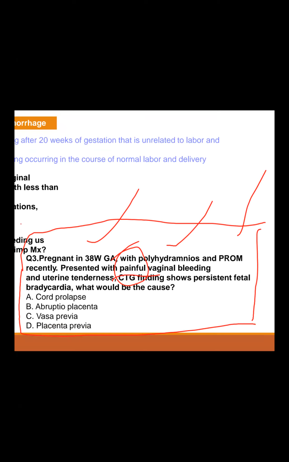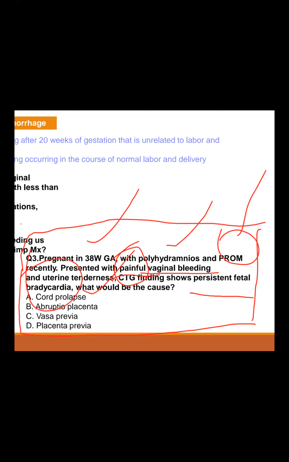See, PROM and painful vaginal bleeding. So you can see it's a cord prolapse due to bradycardia, right? You are thinking, ma'am, it's a bradycardia, it's a cord prolapse.